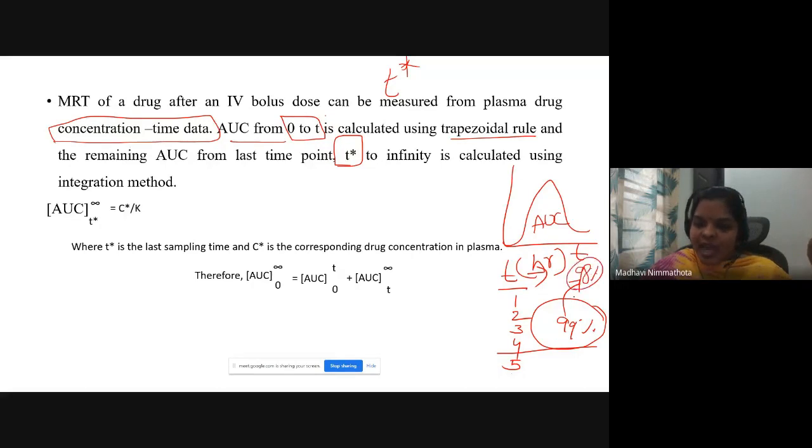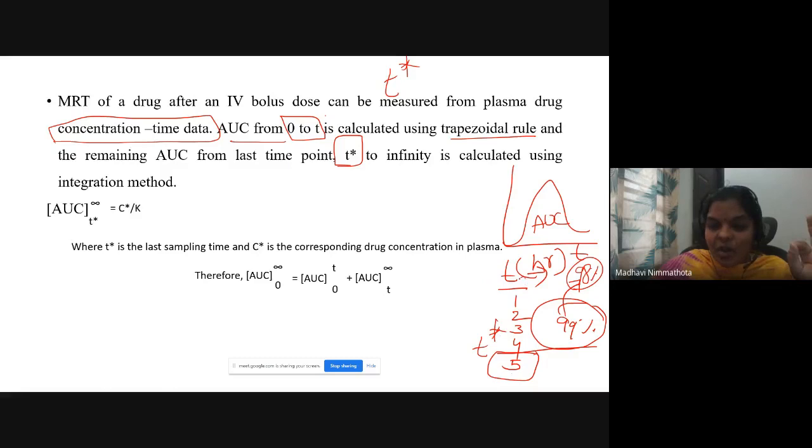This is the area and this is the drug release. So here some amount is remaining, that is some time is also remaining, but you need to conduct the whole study up to 5 hours. So the remaining AUC from the last point of time is nothing but t star.